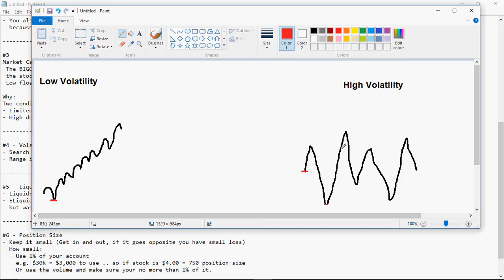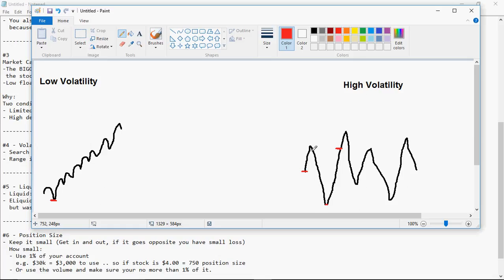But what if I enter here at the breakout? See the breakout? If I enter here, it goes up, long dip, long up. It's weird because it's going to be very difficult to get in and out if it's moving like this at a fast rate. Maybe in 10 minutes it shoots up.